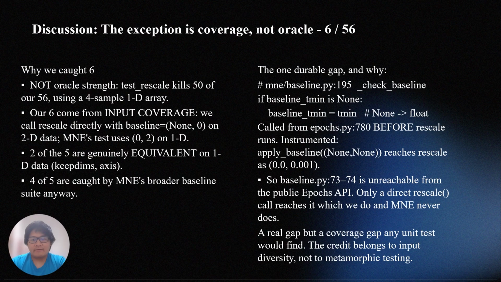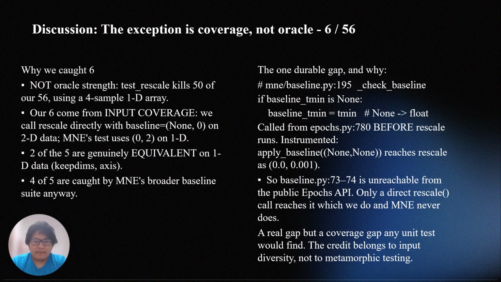Looking at the exact 6 bugs that both missed, initially the first 50 that were caught used a 4-sample 1D array. However, for the other bugs, for some reason, it ended up counting it as a 2D array, and so it just ignored those bugs entirely, which was a flaw in itself.